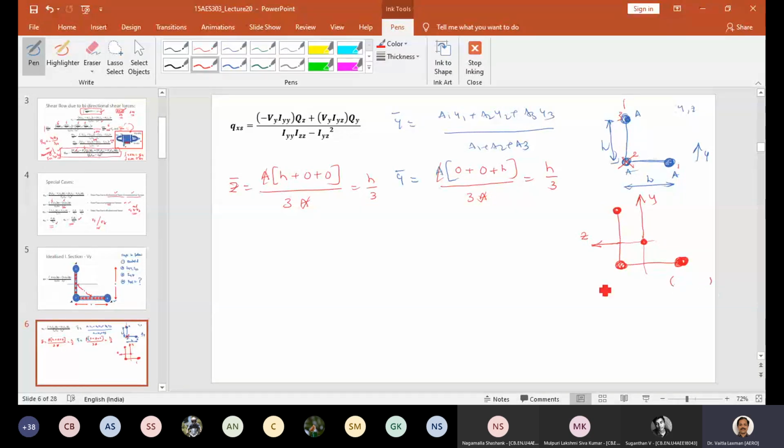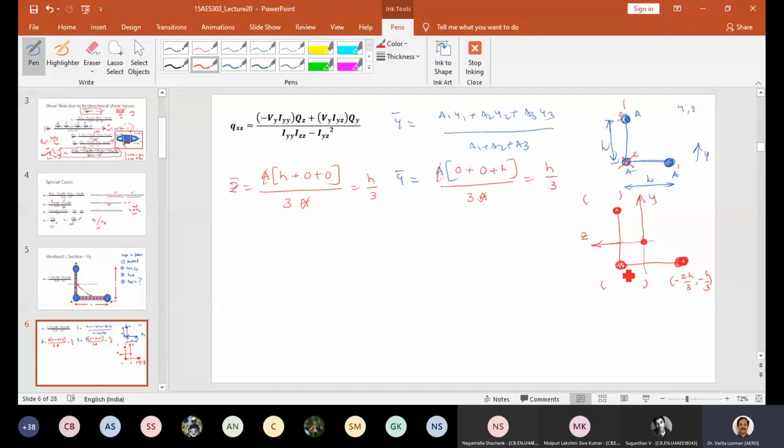This is what we have done already. Now you have to tell me again what these locations are. So this is H by 3. So what is this? 2H by 3. Minus or plus? Obviously minus. So minus 2H by 3. What about Y? Y is also negative. How much is that? Minus H by 3, because this distance is H by 3.